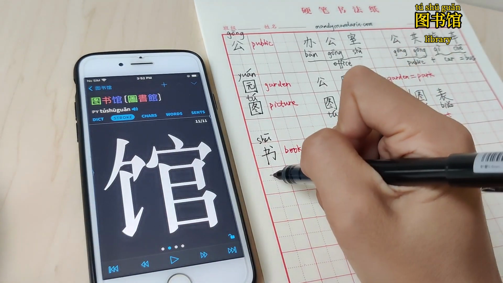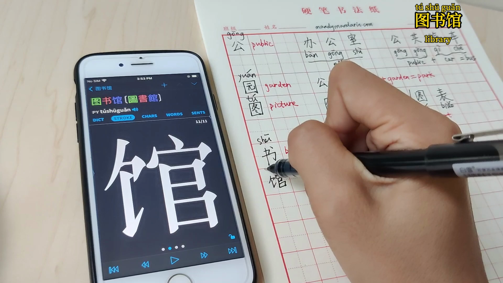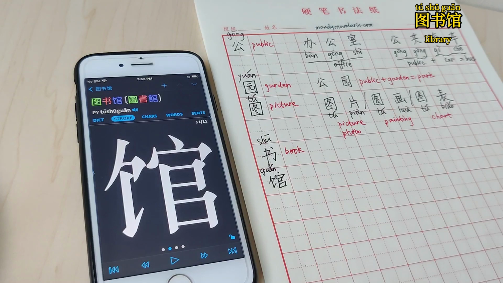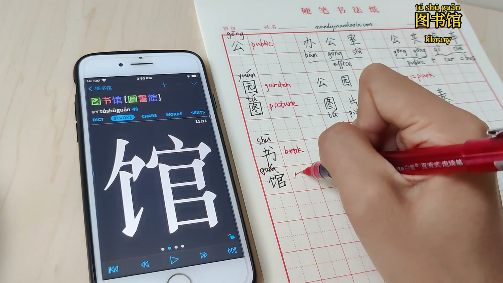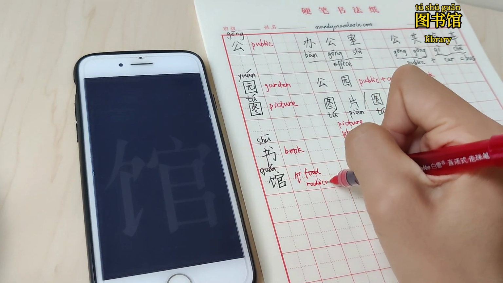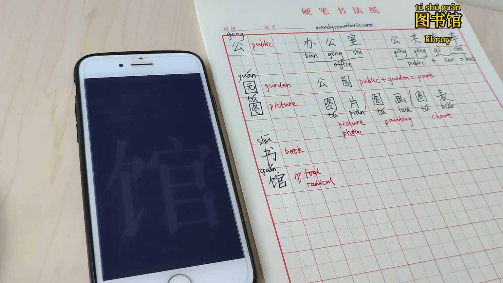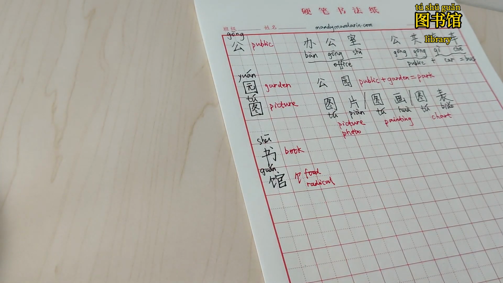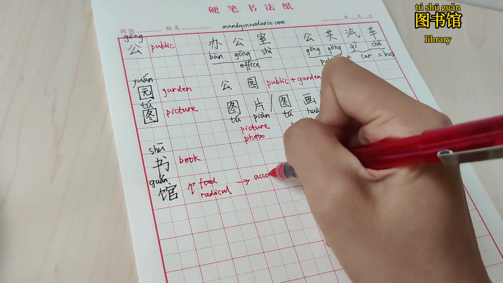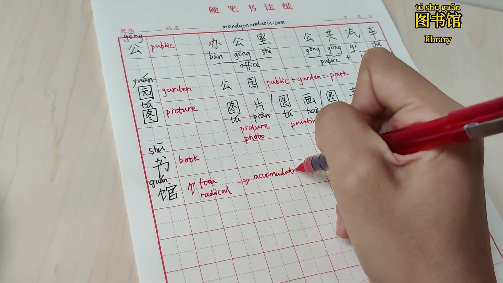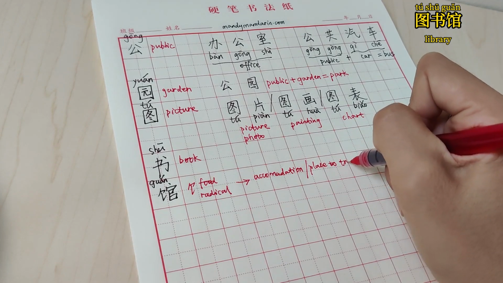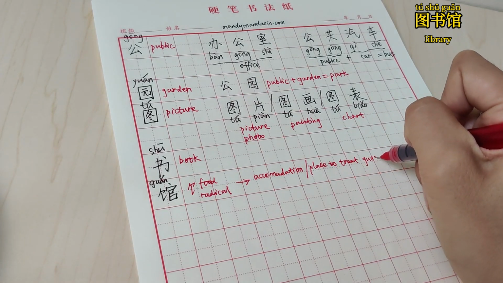On the left, this is the food radical, so hope you still remember it. Very good. And the 馆 usually refers to a place for accommodation or the place to treat guests.